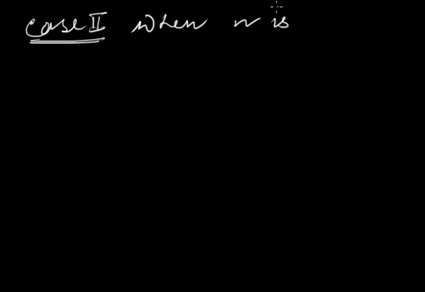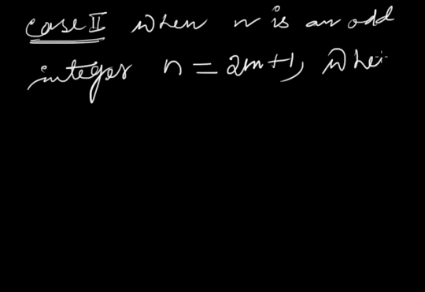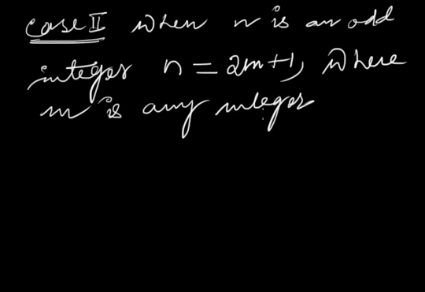Now, we consider another case, that is case 2, when n is an odd integer. In this case, we consider n equals 2m + 1, where m is any integer.